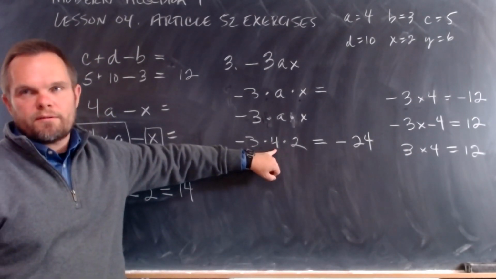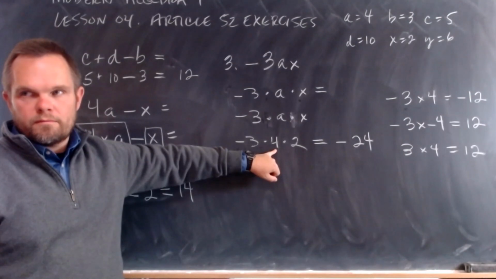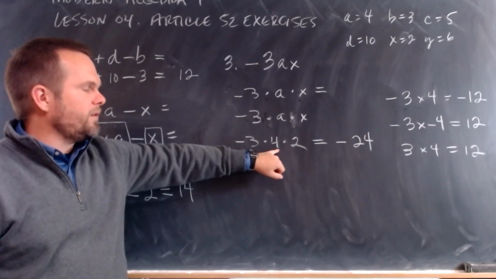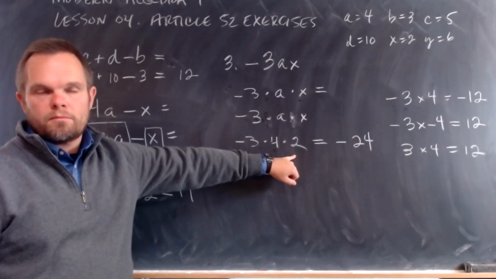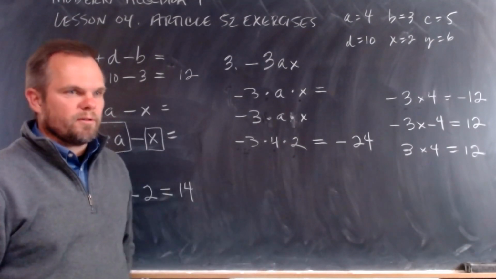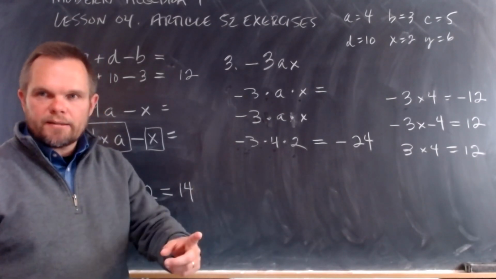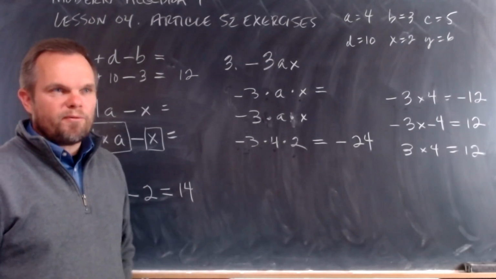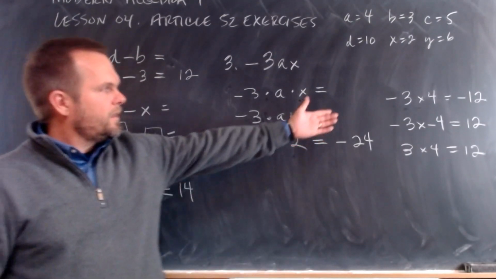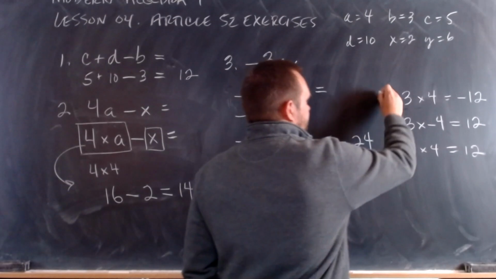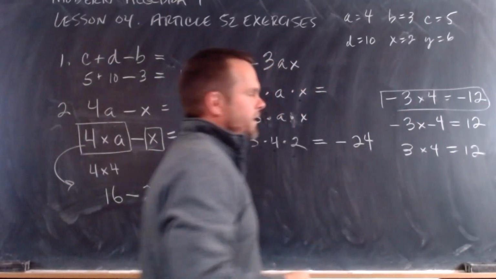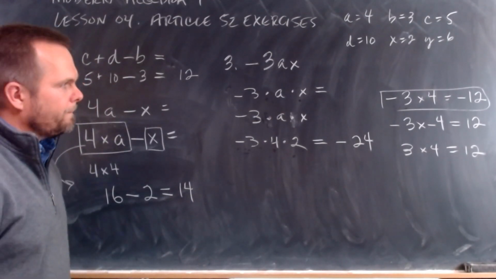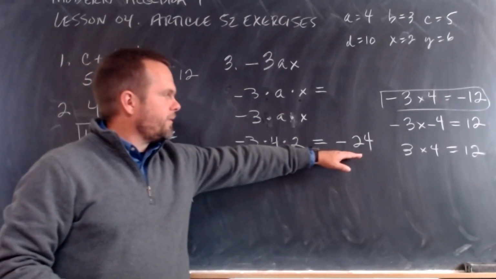So what's the answer? Negative 12. And then we had negative 12 times 2. 24. Negative 24. Good. If you've never seen that before, it's nothing complicated. This is all you need to know. A negative times a positive makes a negative. Everything else is positive. Okay? So that's our answer for number 3.